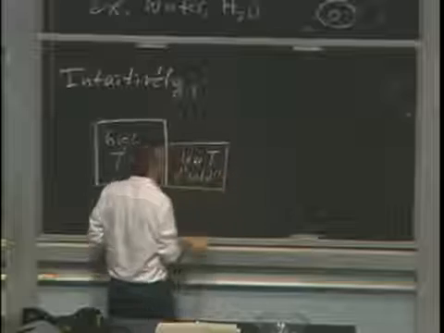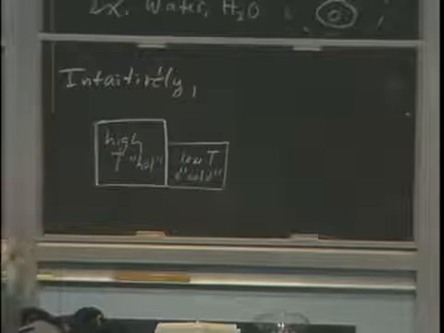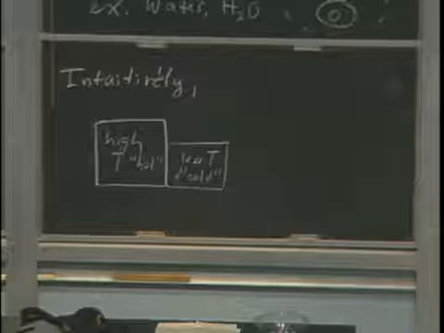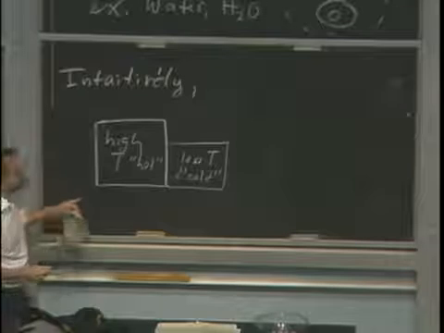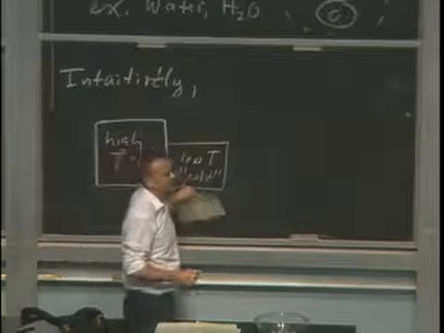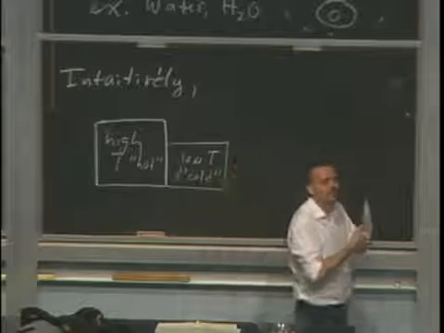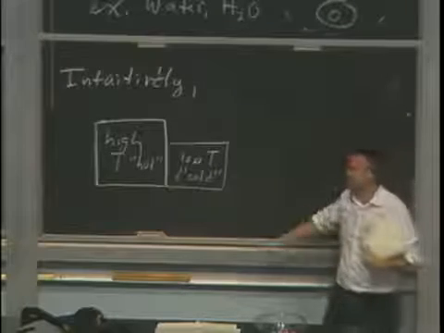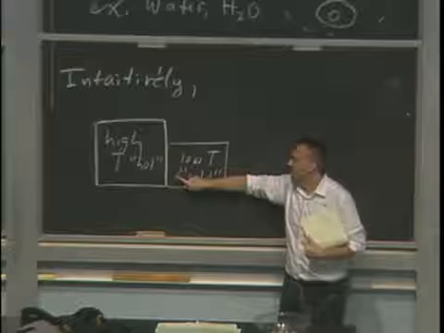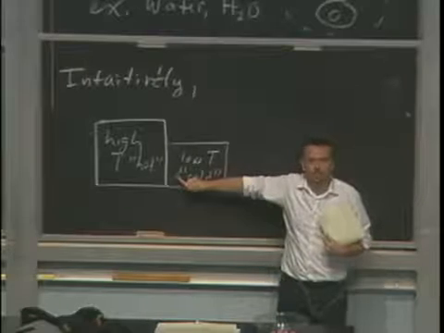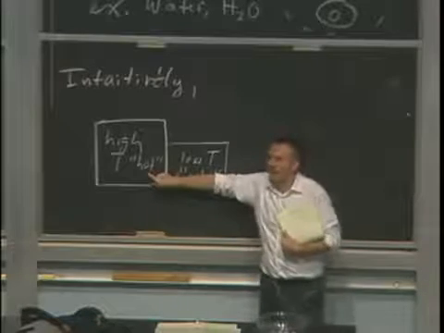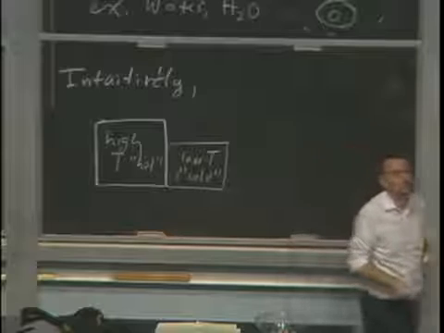And we're going to talk a little bit more about what we actually mean by temperature in just a minute. But we know intuitively that if we take this hot object and this cold object and put them next to each other, there's going to be some transfer of the thermal energy from the one to the other. So the hotter one is going to get colder and the colder one is going to get hotter.